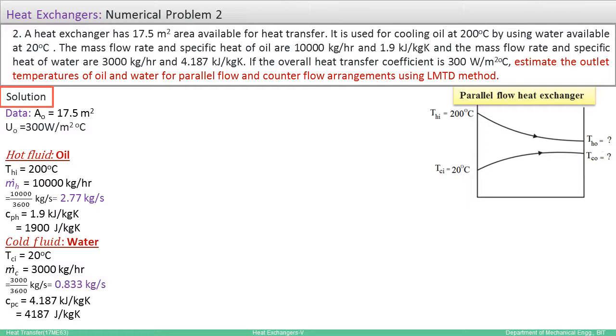For the hot fluid, the inlet temperature is known. Similarly, for the cold fluid, the inlet temperature is known. Mass flow rates of each are given. Since they are given in kg per hour, we'll have to express them in kg per second by dividing that value by 3600. And CP, specific heats, are given in kilojoule per kg Kelvin. That you can express by multiplying by 1000 into joule per kg Kelvin.